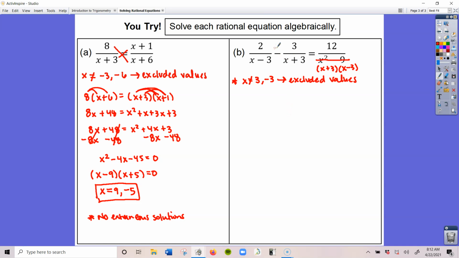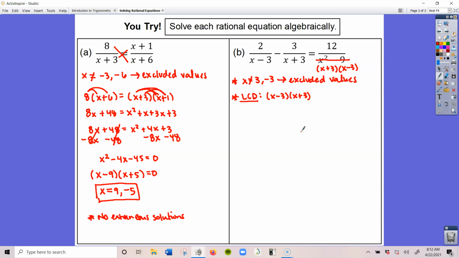Now, because this is a subtraction problem, this is that scenario where we would need to multiply the entire equation by the LCD. So we need to know what the LCD is. In this case, my LCD would be x minus 3, x plus 3, since here this is the x minus 3, this is the x plus 3, and this rational function has the same factors.